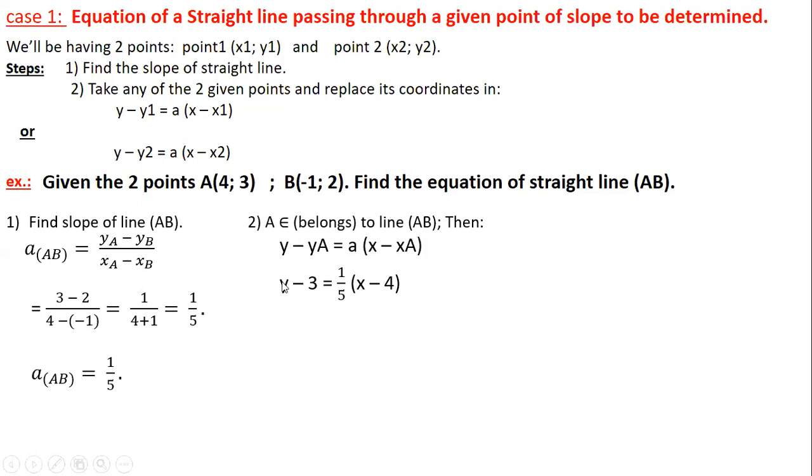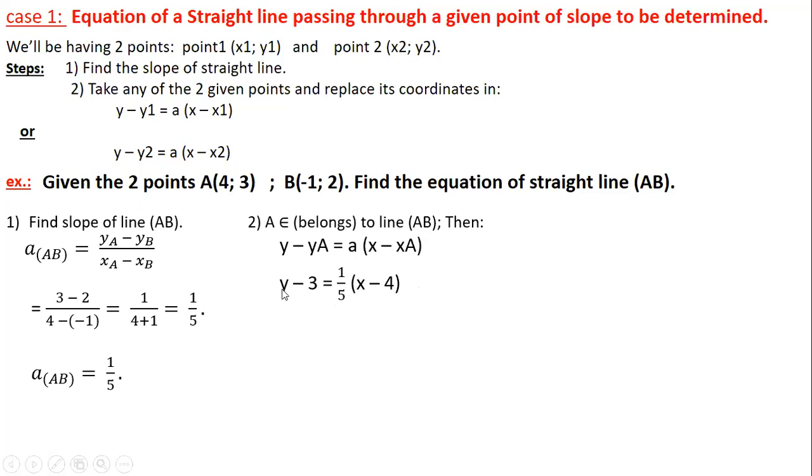Y, I keep it as it is, minus YA, it is the ordinate of A, I replace it 3. Slope, I replace it by 1/5 because I already calculated it, into X minus the abscissa of A is 4. So here I'm simply replacing the ordinate of A, the slope, and the abscissa of A.